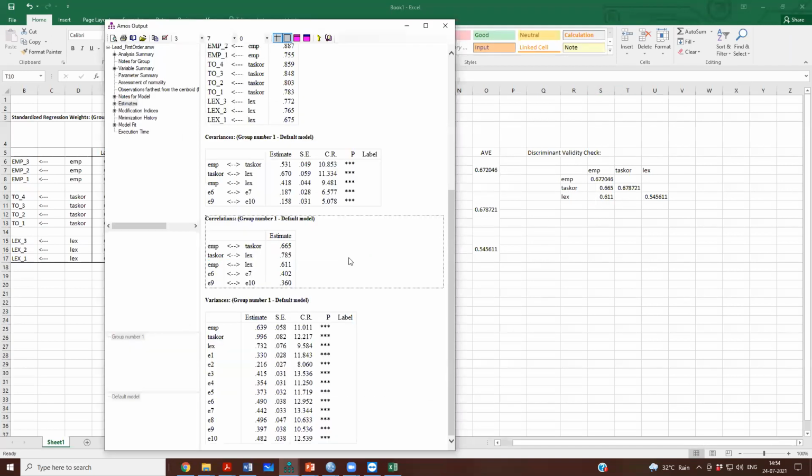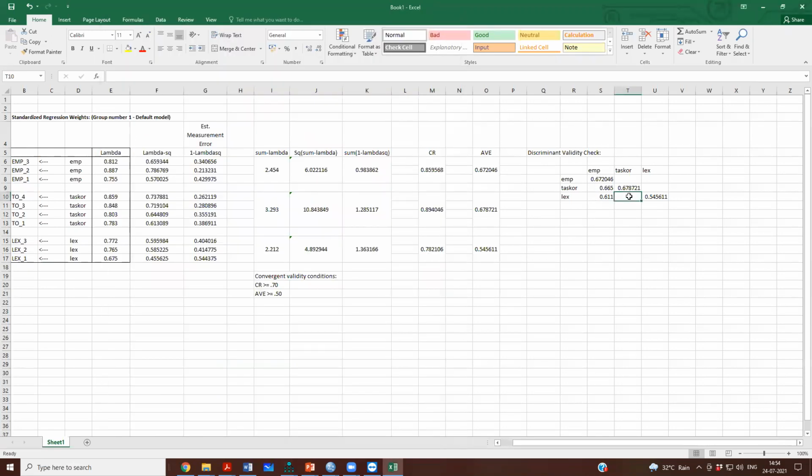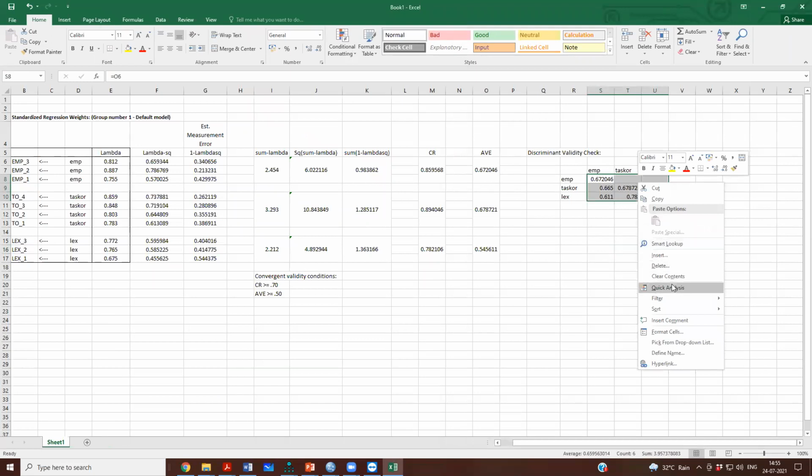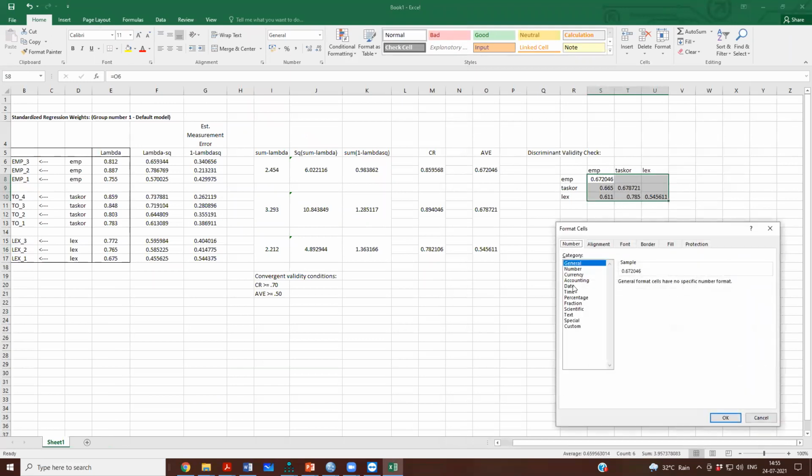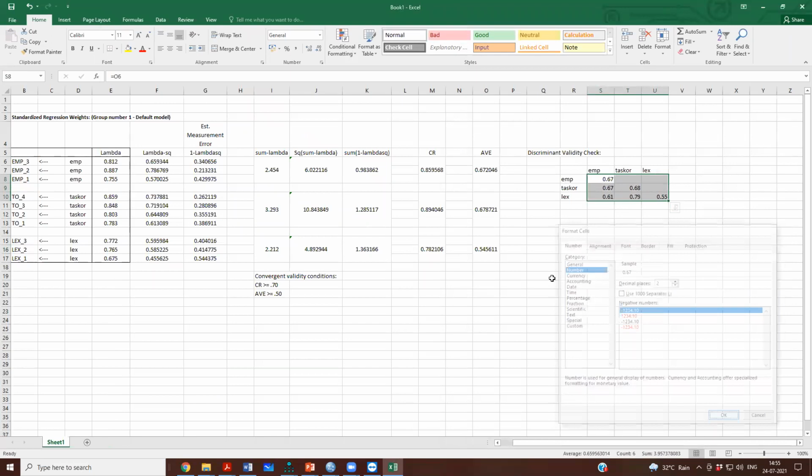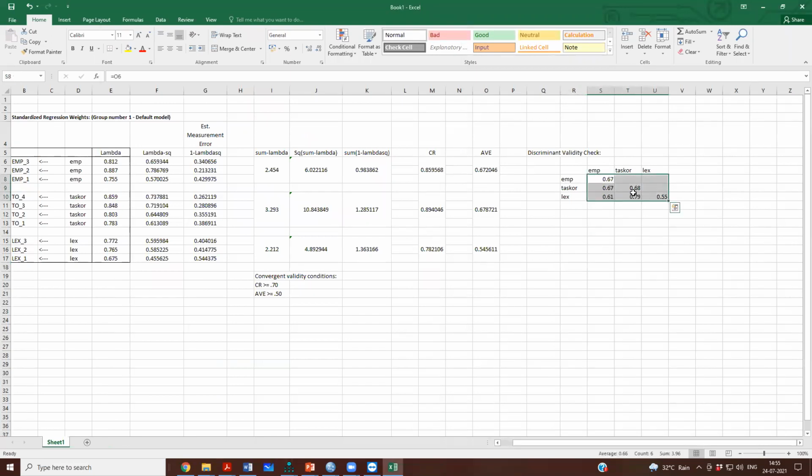And then what is the correlation between task orientation and LEX? It is 0.785. Right? Let me also make it 2 decimal places. Okay, and I will send that.